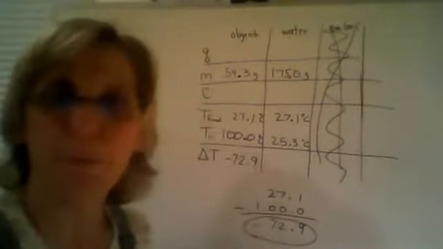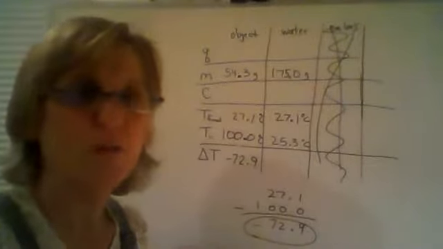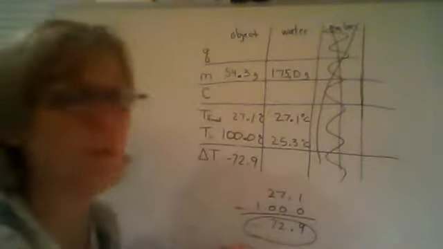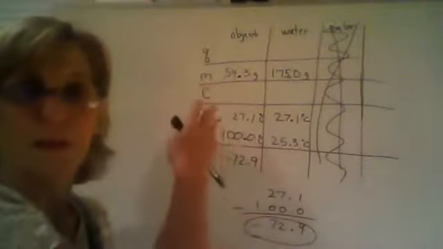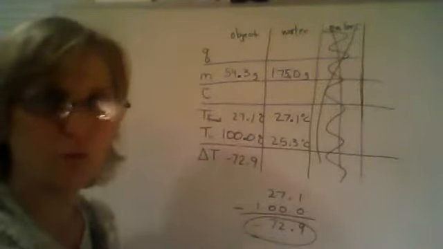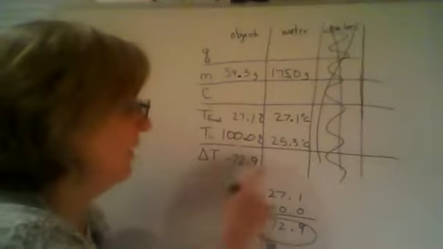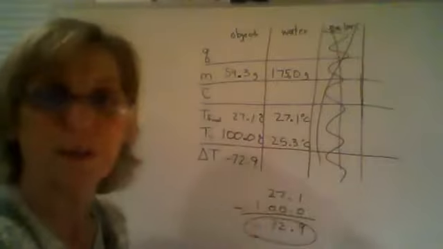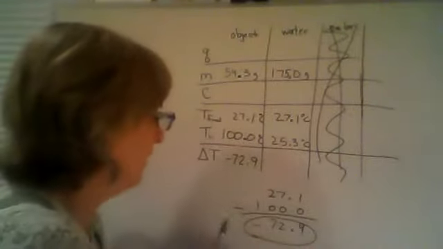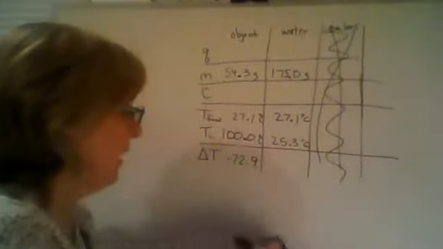Now, keep in mind, what does the negative mean? That means it's losing heat. Whichever thing is losing heat, its delta T will be a negative. If the object is hot and then it cools down, it's losing heat, so its change in temperature is negative. The water is going to be positive because it's gaining heat. Okay, so that is the delta T for the object.